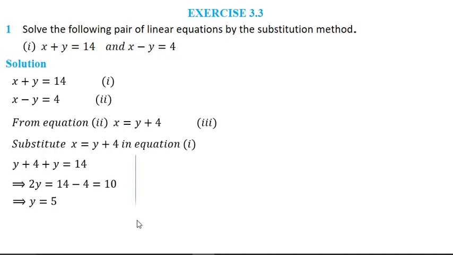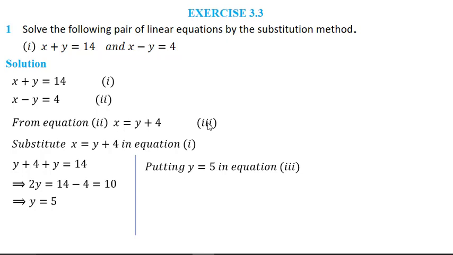Now this value of y, as we have seen in the steps, I can put in any of the equations, I should put in equation 2, as from equation 2 we found the value of x. But as I got the value of x from equation 2 only, this equation 3 is the arranged form of equation 2.